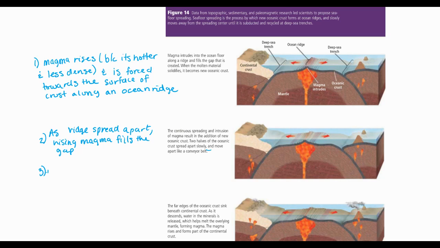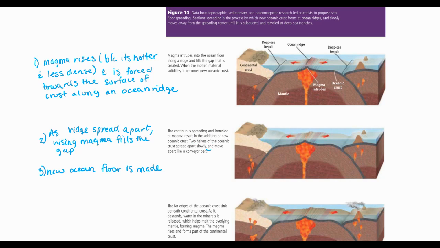And then new ocean floor is made. So these three things explain basically what's happening with our first picture here. The second picture is talking about how the continuous spreading and intrusion of magma result in addition of new oceanic crust. So more magma keeps coming up and being added and solidifying and making new crust.